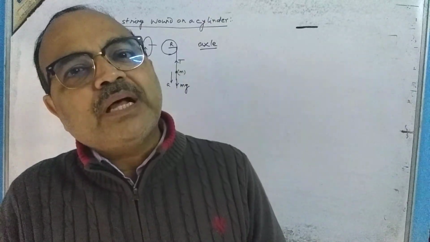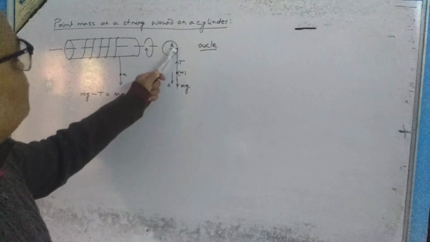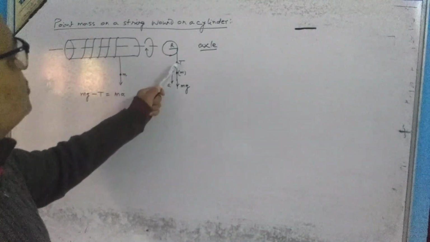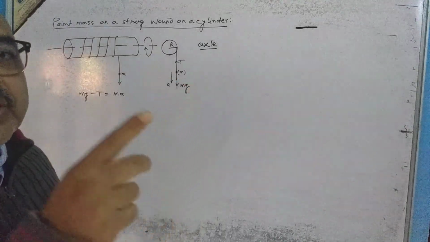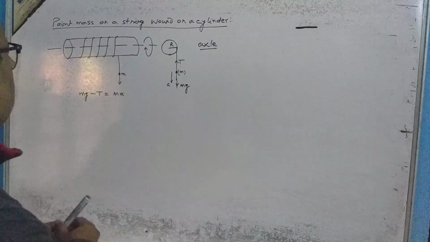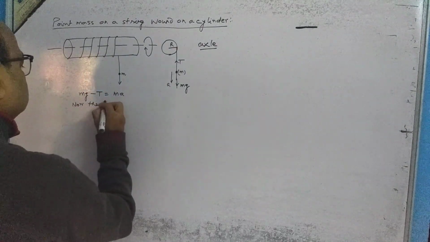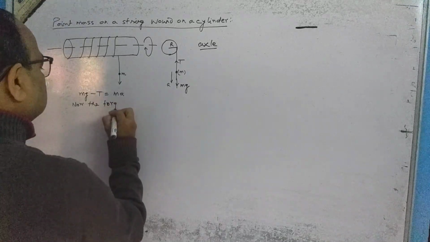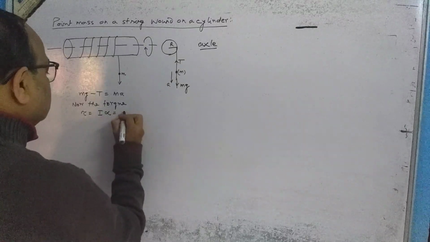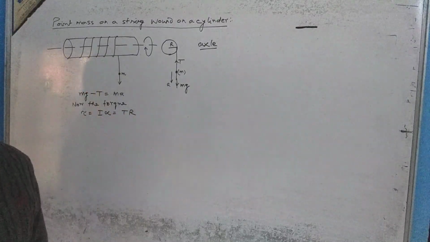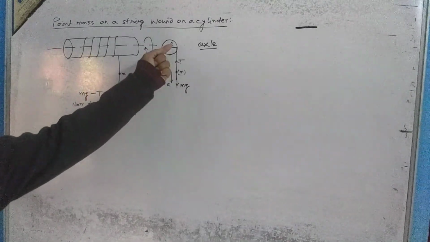Here, tension is the tangential force, so tension is the force due to which the torque will be there. Obviously, torque tau is equal to I alpha is equal to T into R, because between T and R there is an angle of 90 degrees.